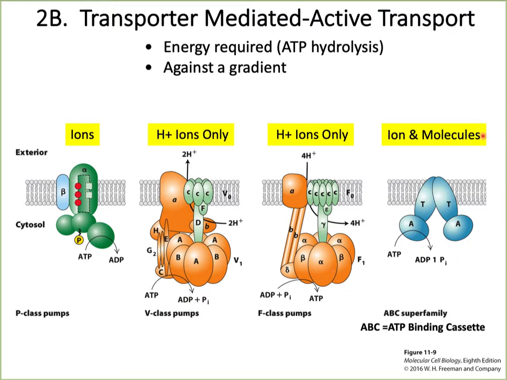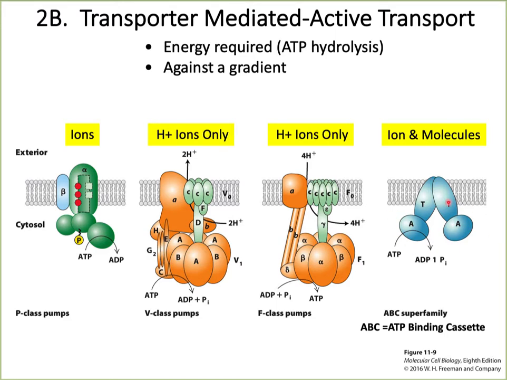The third class of pumps, which are the largest class of pumps, are known as the ABC superfamily of active transport pumps. ABC simply stands for ATP binding cassette. The structure of these pumps is very similar within this family.